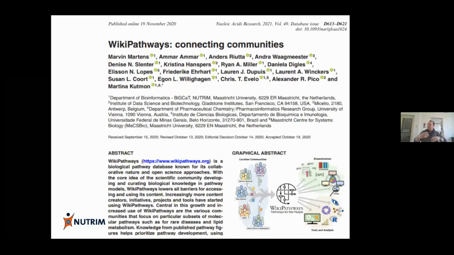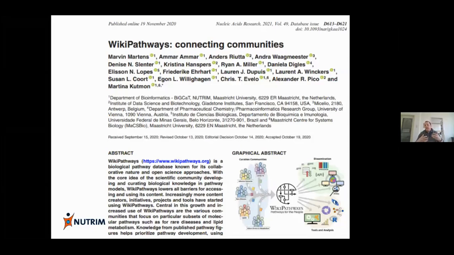In the middle of the session, we already actually saw one of the WikiPathways. I copy-pasted the link in the chat, one of the lipid pathways. But the most recent paper about WikiPathways is this one.